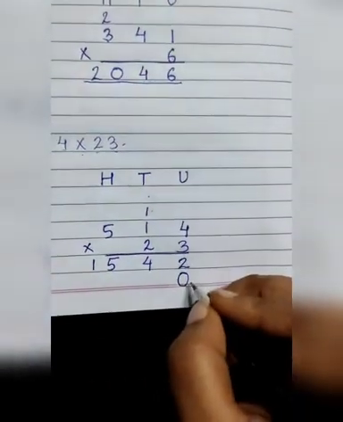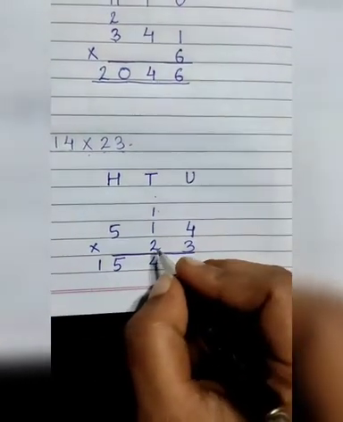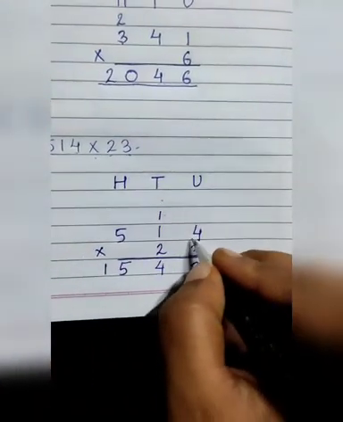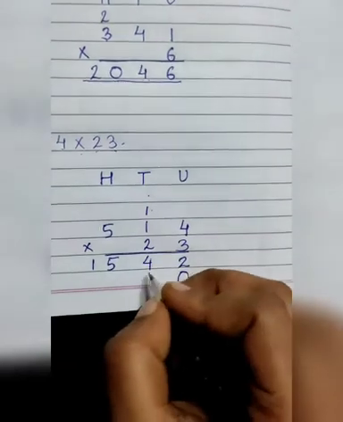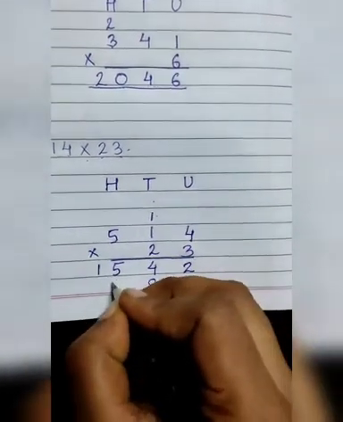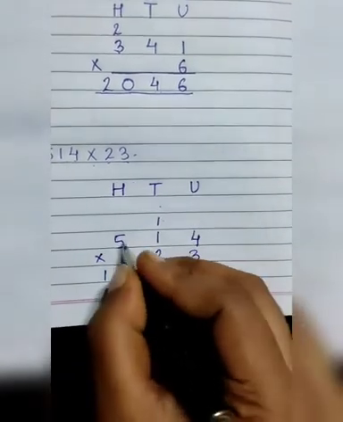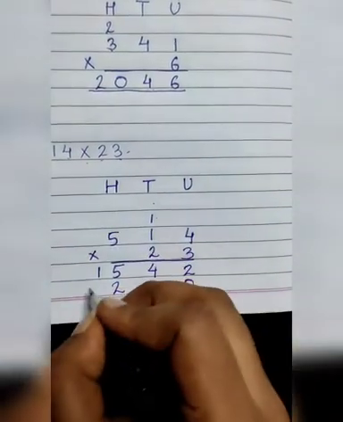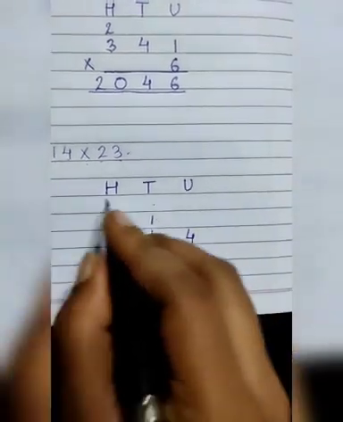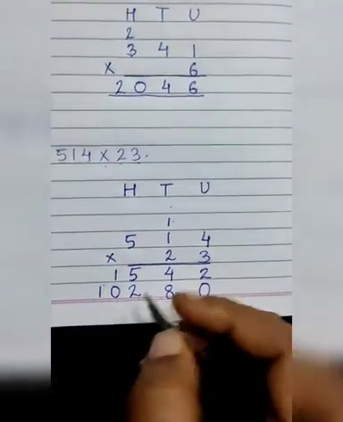Now at the unit place there will be 0. Now we can multiply 2 by these 3 numbers. So 2 multiplied by 4 is 8. 2 ones are 2 and 2 fives are 10. So we will write 10 down because there is no number to carry.